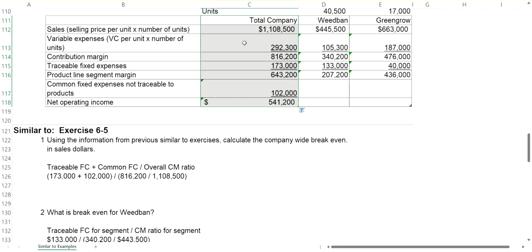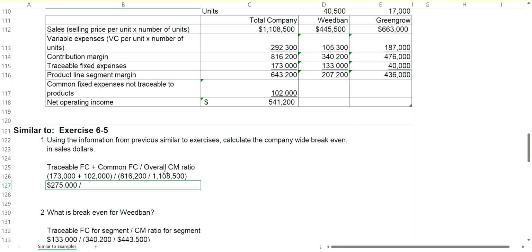Now, when we're talking about the company overall, we want to include the traceable fixed cost of 173 and the common fixed cost of 102. So for my top number, it will be my traceable fixed cost of 173 plus common of 102. That will give me total fixed cost of $275,000.